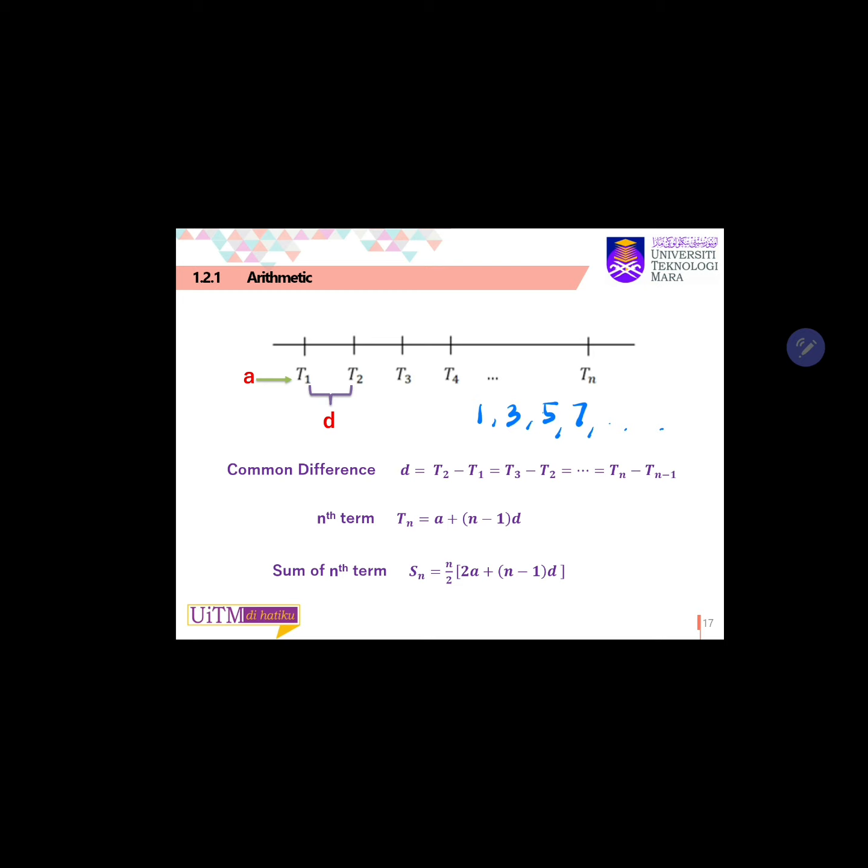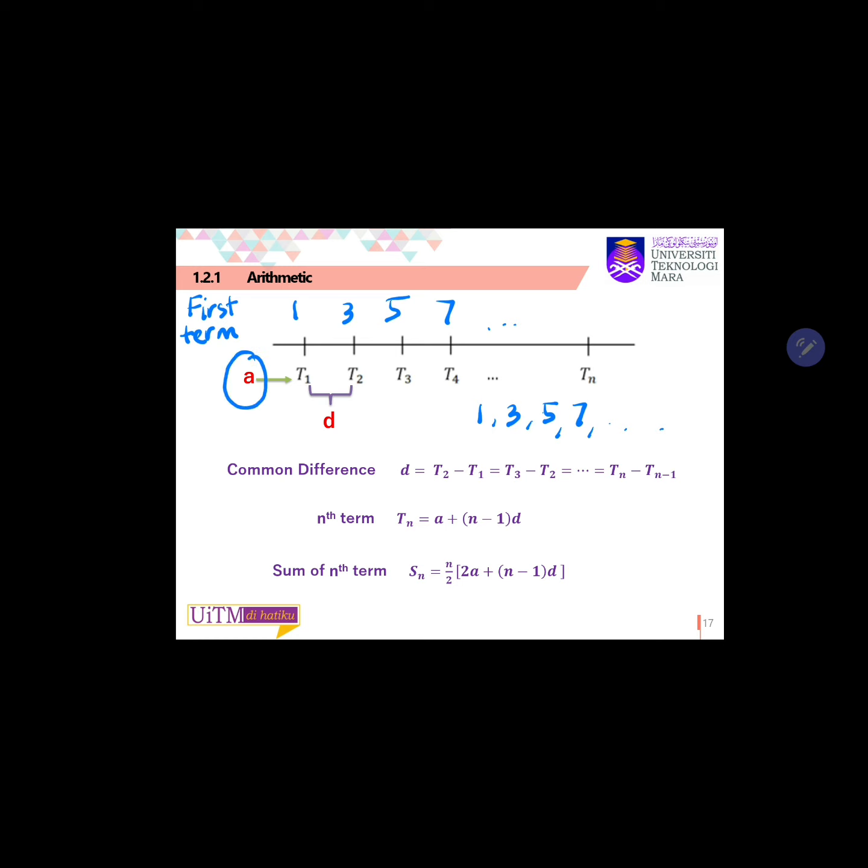The first number, 1 here, we have 1, 3, 5, 7, and so on. So 1 is T1, the first term, or also known as A.